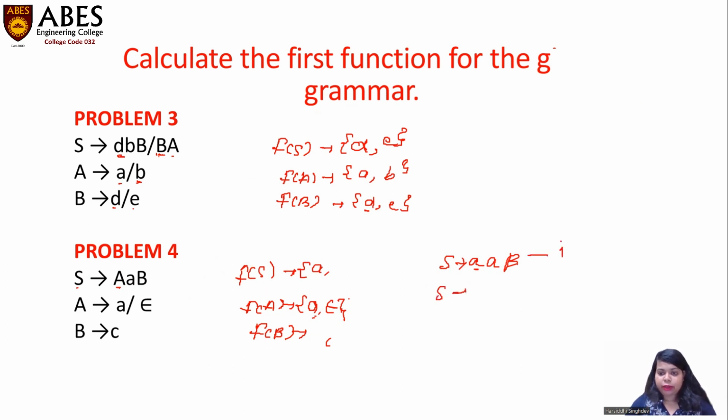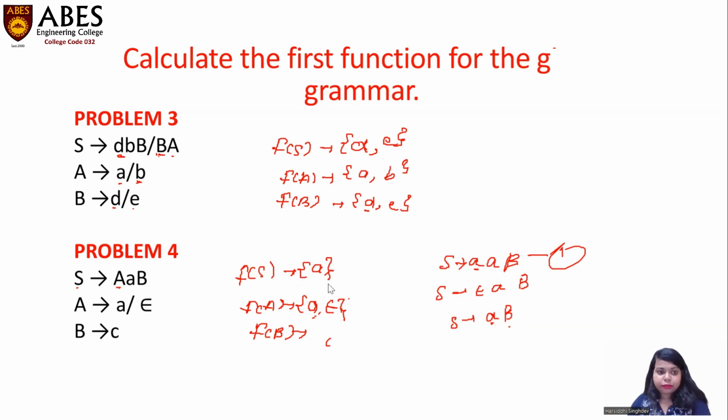This is equation number 1 when I replace A, and this is equation number 2 when I replace by epsilon. Now watch carefully. When I replace with epsilon, then what will I get? Epsilon a and B. When this epsilon is resolved, what are we left with? Small a and capital B. Small a is already in the set, so we can say that first of S will be only a.